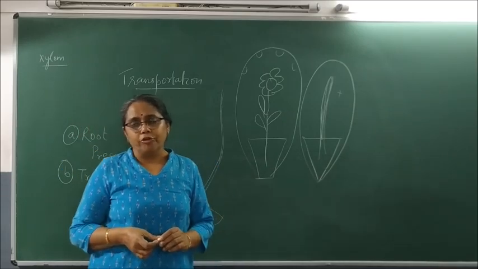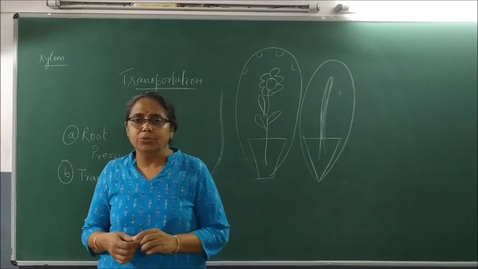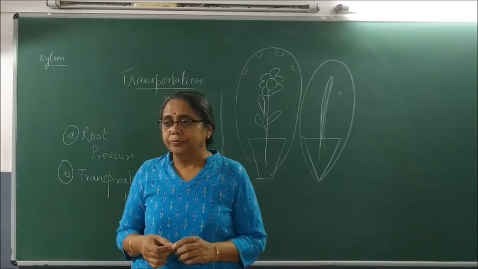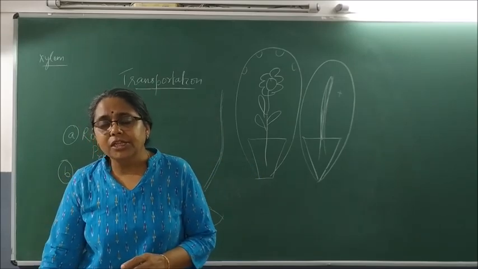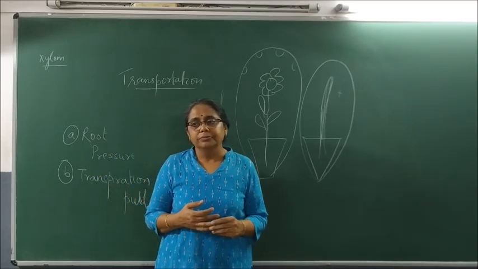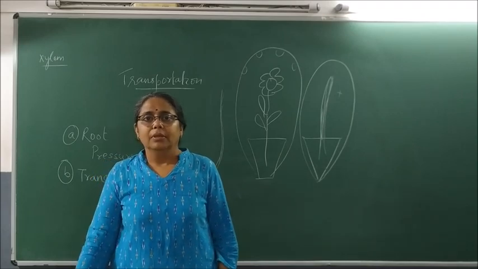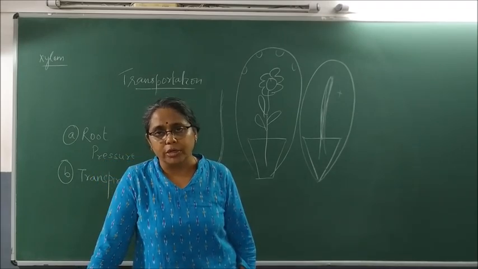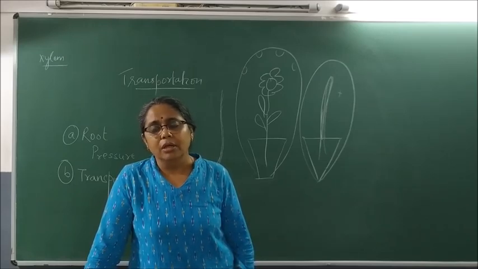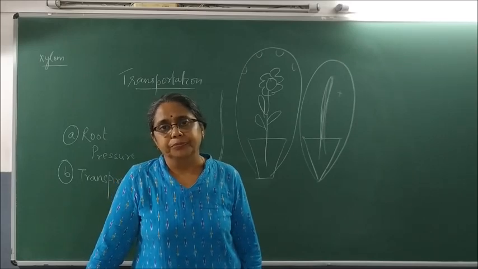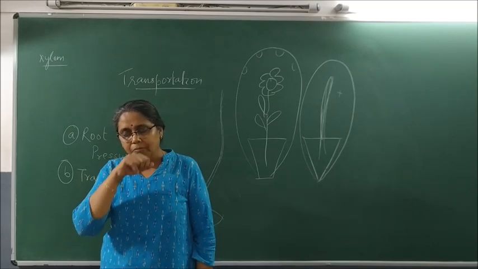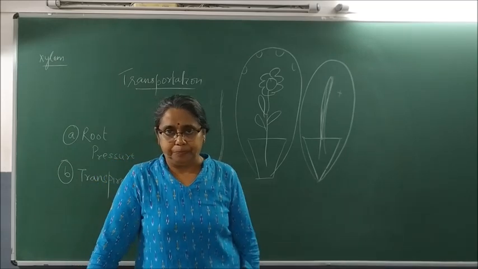You have to write what is the difference in the two cases. There is presence of water droplets in the plastic sheet which contains the plant, as plants lose excess water by the process of transpiration.